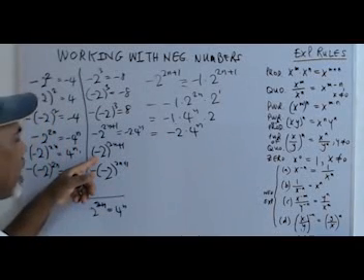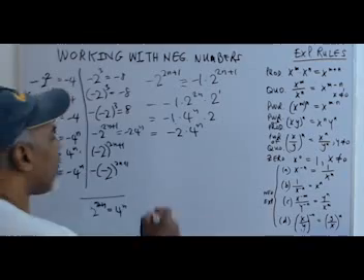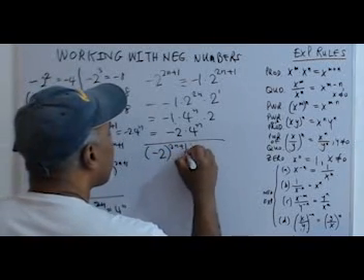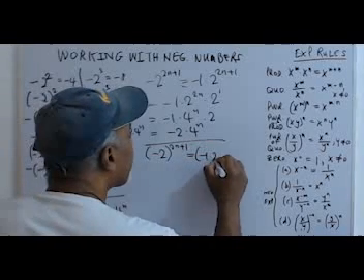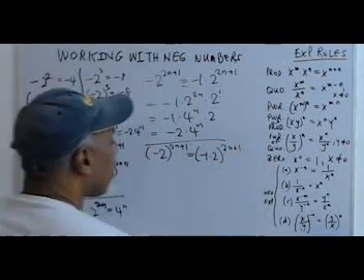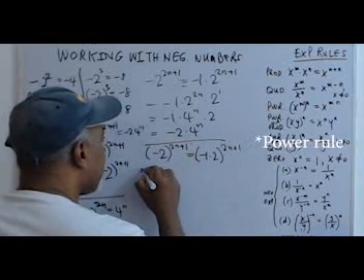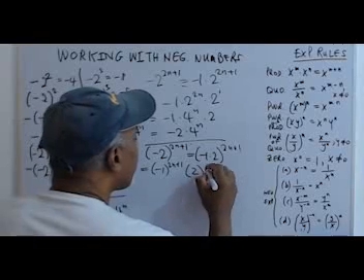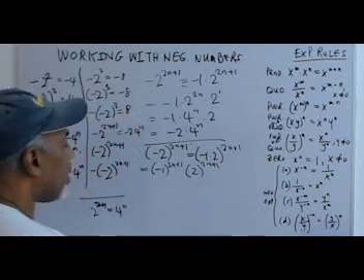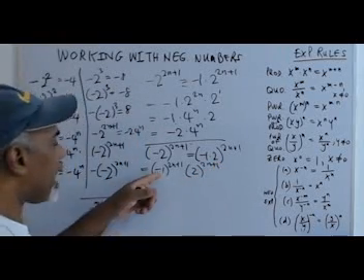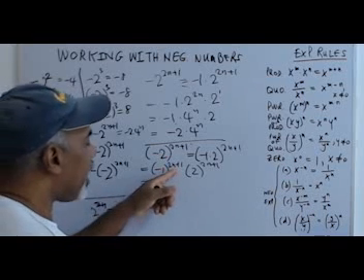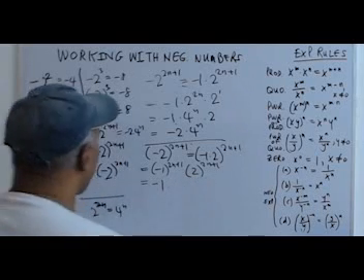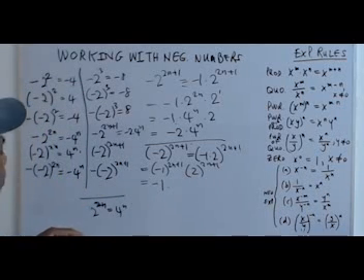What about the quantity of negative 2 raised to the 2n plus 1? Negative 2 to the 2n plus 1 is equal to negative 1 times 2 to the 2n plus 1. By the product rule again, we have negative 1 to the 2n plus 1 times 2 to the 2n plus 1. As we saw last time, a negative unit raised to an odd power is going to be a negative number. So negative 1 times 2 to the 2n plus 1. How much is 2 to the 2n plus 1?